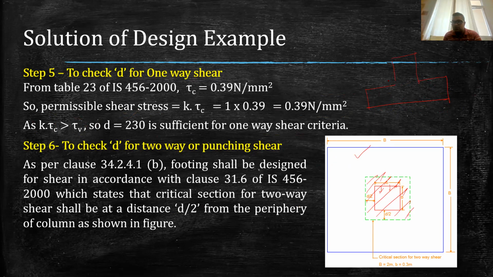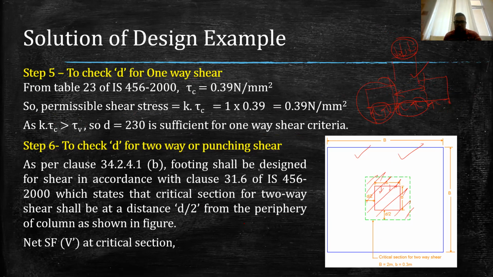In between, we have upward pressure and downward pressure, but if we consider the exterior part, we will have only upward pressure. So there will be less calculation as compared to the interior one. Here also we will consider the exterior part to calculate the maximum shear force.